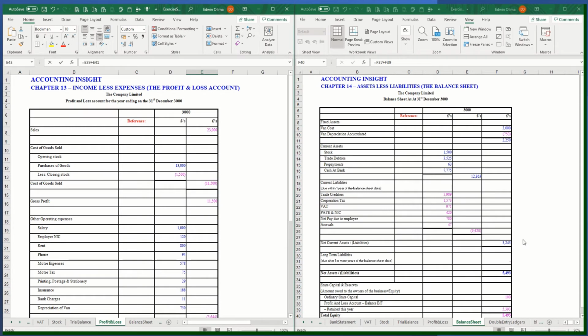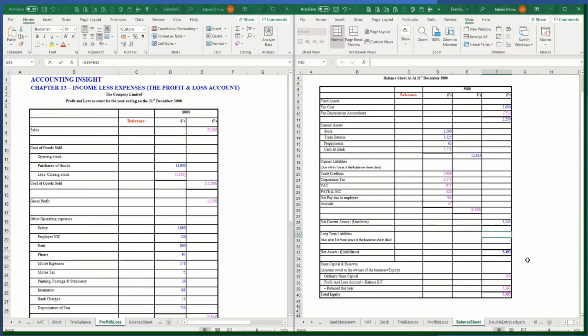So that's the balance sheet. It's one of the final financial statements that a business produces. So I'm just going to briefly tell you the main reasons why people produce a balance sheet. With a balance sheet like this, you can show it to your bank and say, my business is worth this amount.